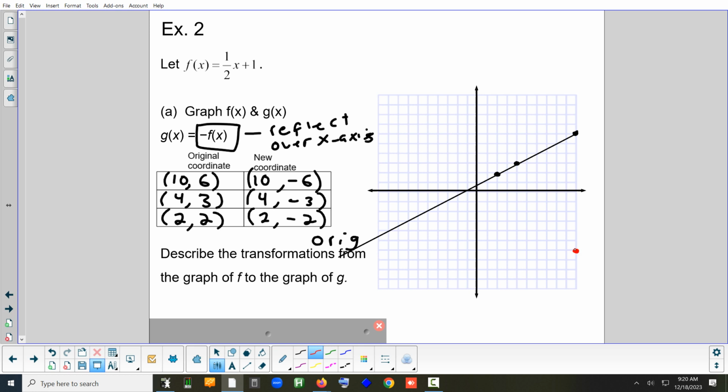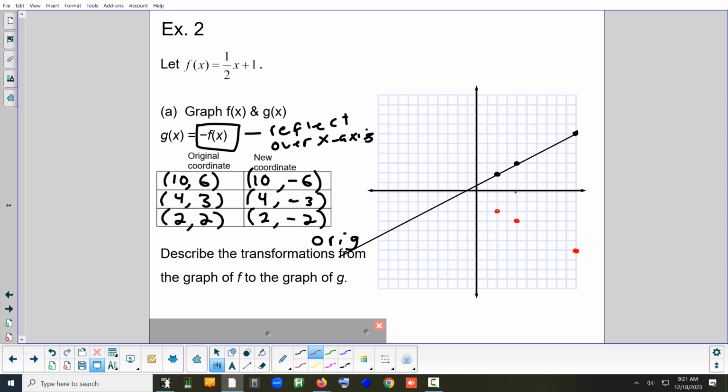All right, how about 4, -3? 4 to the right, 1, 2, 3, 4, and 3 down. Perfect. And how about 2, -2? 2 to the right, 2 down.